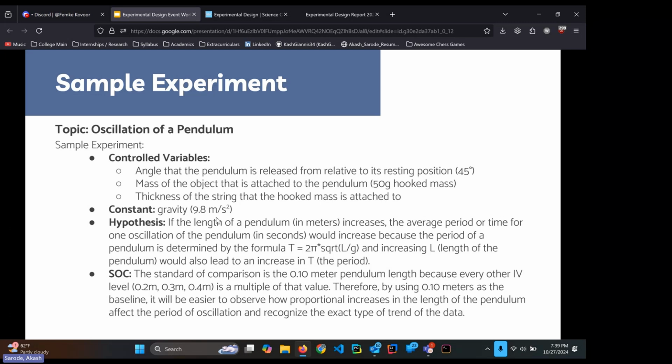And this is something I definitely suggest in general: if your experiment is physics related, your best bet to put for constant is definitely gravity most of the time. Even if you're not dropping an object or throwing a projectile. Let's say your experiment is sliding a ball or rolling a ball across a table.